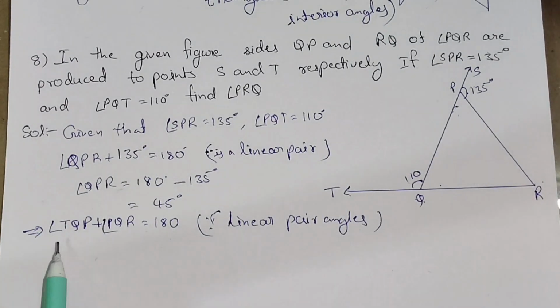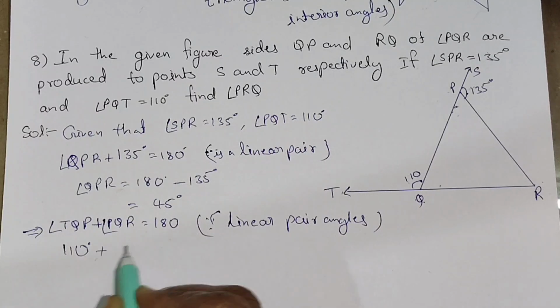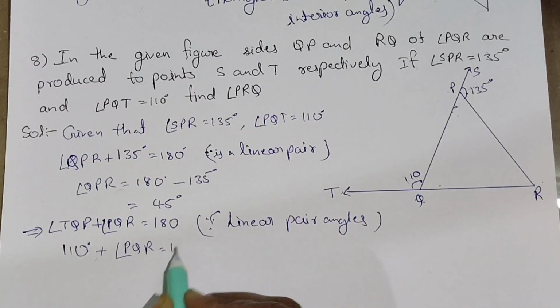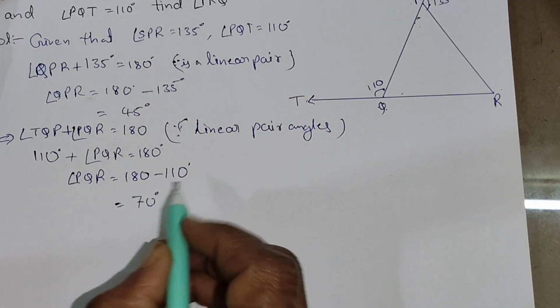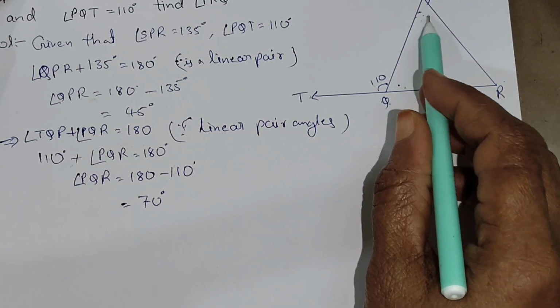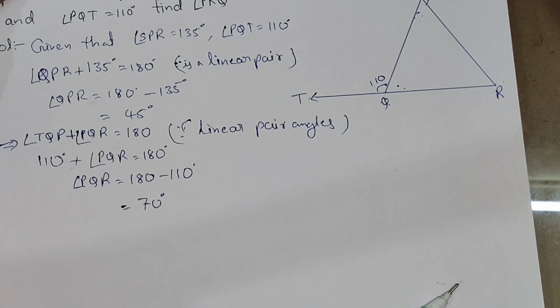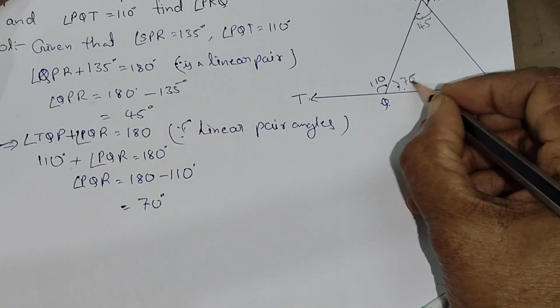So, angle TQP is 110 plus PQR is equal to 180 degrees. Angle PQR is equal to 180 minus 110, which is 70 degrees. So this one is 70 degrees, and this one is 45 degrees.